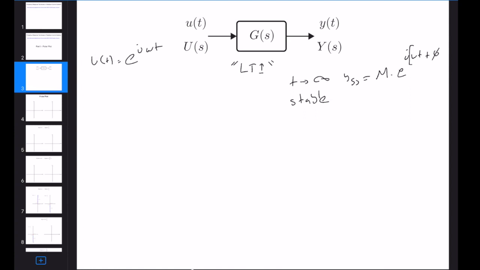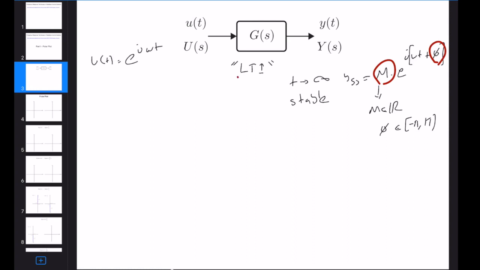Here m is real, and the phase is an angle, let's say between minus pi and pi. How can we find m and the phase? We covered this previously in the signals and systems course.